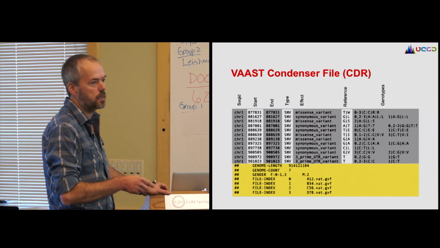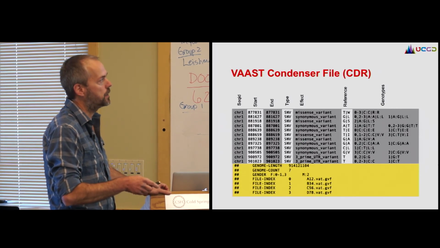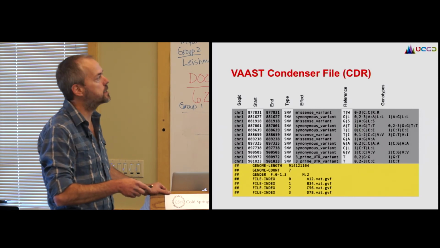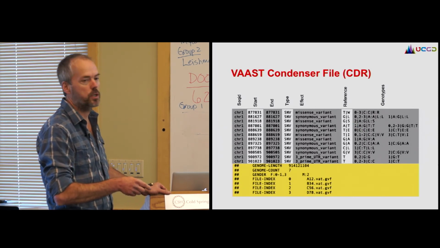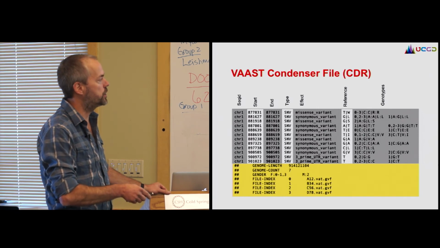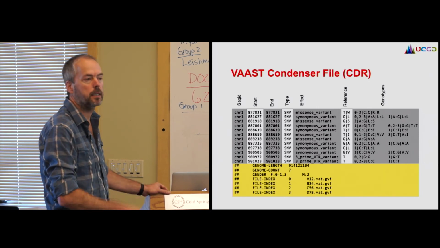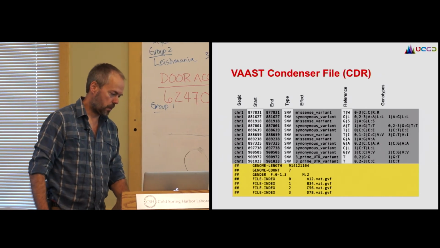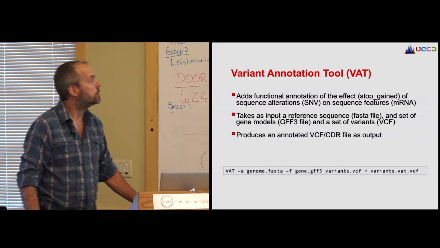It captures annotation about those variants, and it's much smaller because instead of having a column for every single individual that might be in a very large data set, we just capture which genotypes have been seen in all those individuals, and then integer indexes tell us which individual is affected at that site. And so it allows you to cut the file size by an order of magnitude, usually at least.